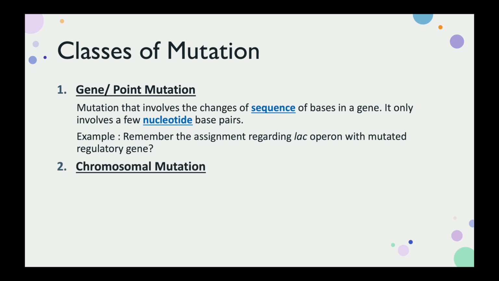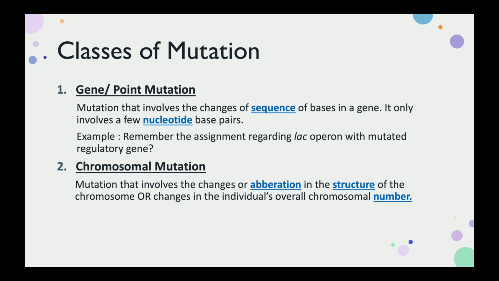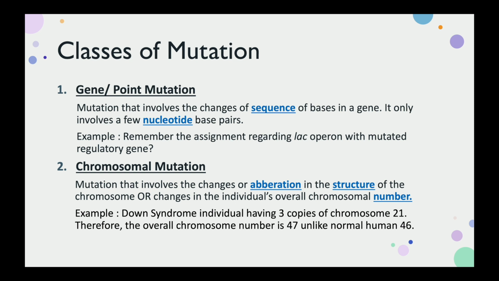Chromosomal mutation refers to mutation that involves the changes or aberration in the structure of the chromosome or changes in the individual's overall chromosomal number. For example, Down syndrome individual having 3 copies of chromosome 21 instead of just 2 copies. This causes the overall chromosome number for a Down syndrome individual to be 47, unlike normal individuals that have a total of 46 chromosomes.